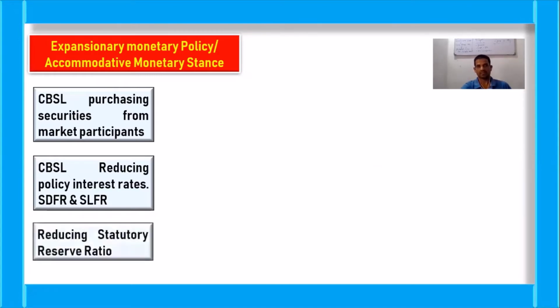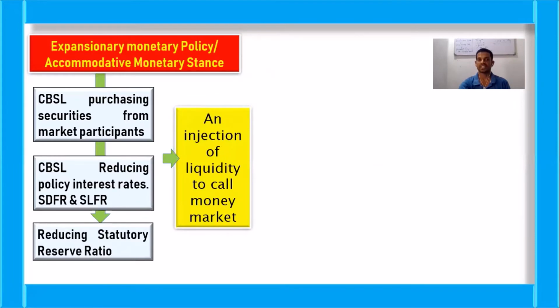So that's the other method, reducing the statutory reserve ratio. In all these three cases, there will be an injection of liquidity to the call money market.